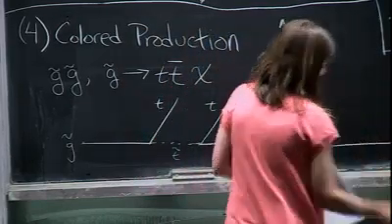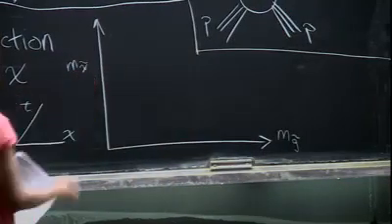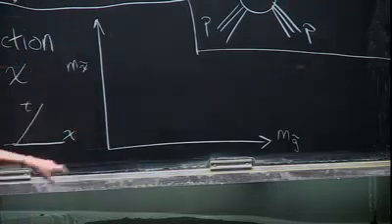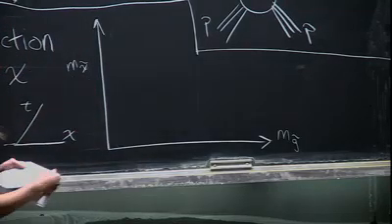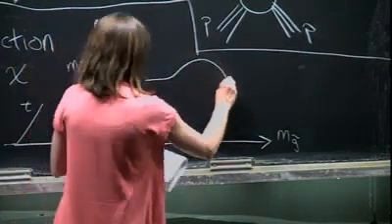So the current limits on this are as follows, and I'll just sketch them up. They're usually presented on plots where we have the gluino mass on the horizontal axis and the neutralino mass on the vertical axis. This is very sketchy.